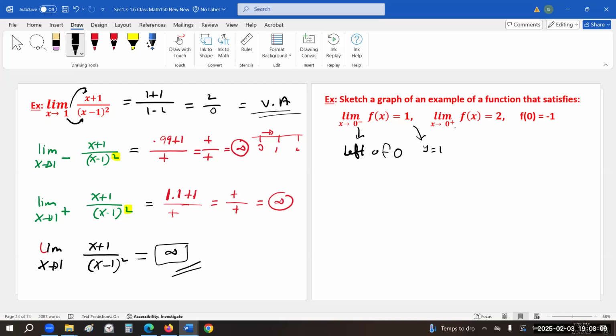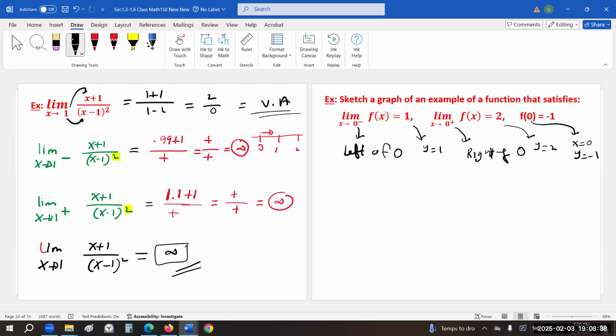When you walk to 0 from your right side, your y value is 2. But exactly at x equals 0, your y value is -1. Try to sketch a graph.